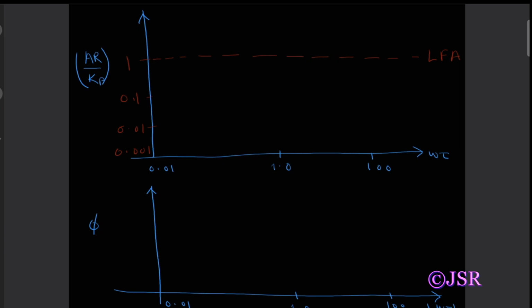Again, when omega tau is very small, we have the angle as 0 degree, and when omega tau is infinity, we have minus 180 degree.